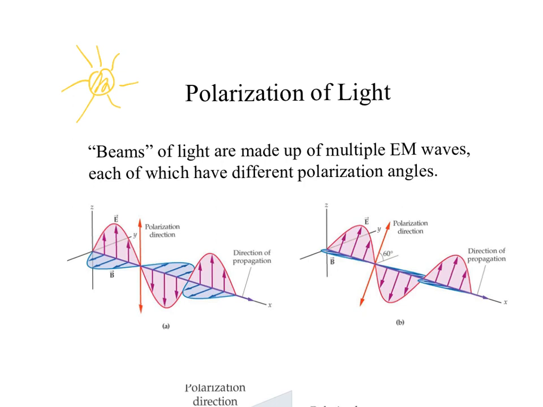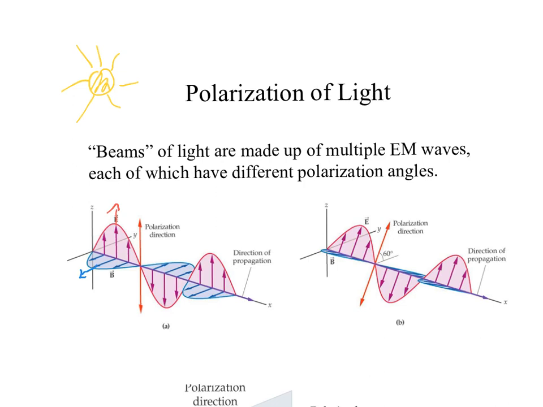And remember, each of those electromagnetic waves is made up of crossed electric and magnetic fields. We call the direction of the electric field the so-called polarization direction, and that's just a definition. It doesn't really have that much to do with polarization of charge, but I guess you can think about it in that if you put an electric field around a charged object, the charged object will polarize. So it's kind of similar.